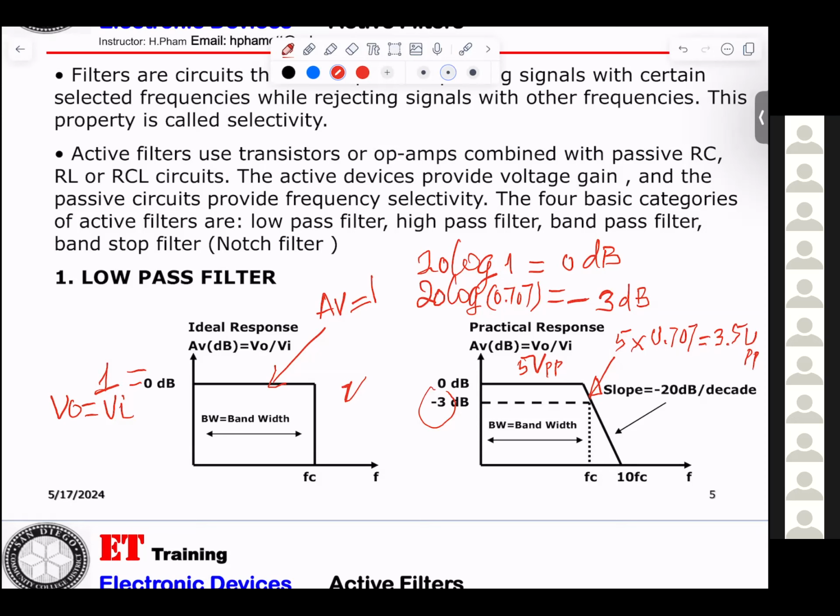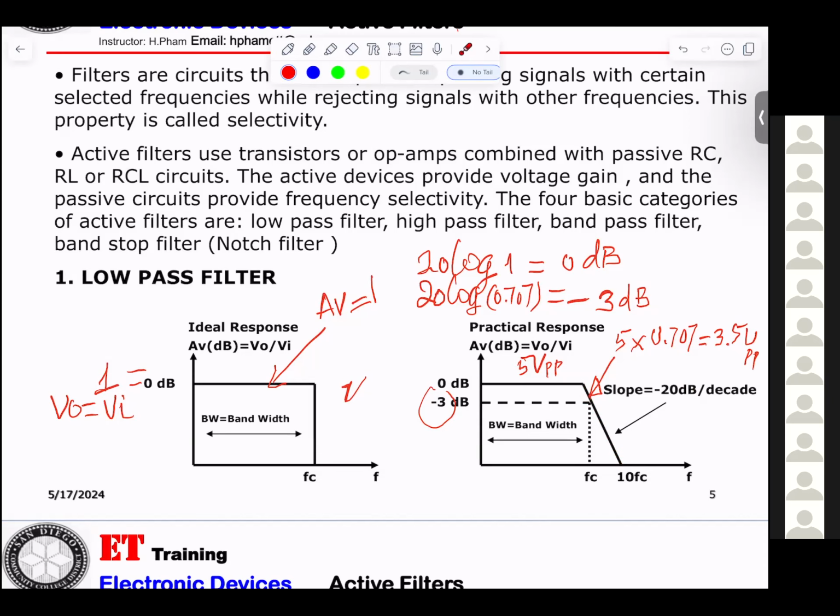I said if you feel anything, just bring it up. Okay. Now, if you're looking in here, what about the slope? That means the amplitude is going down at minus 20 dB per decade.